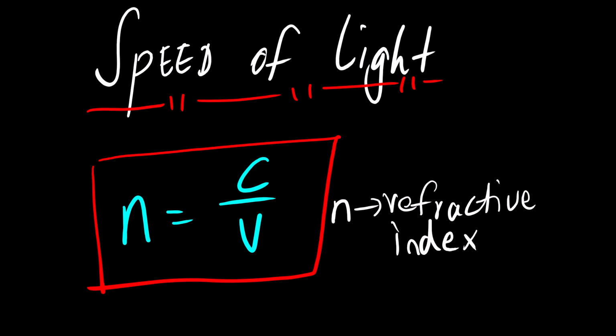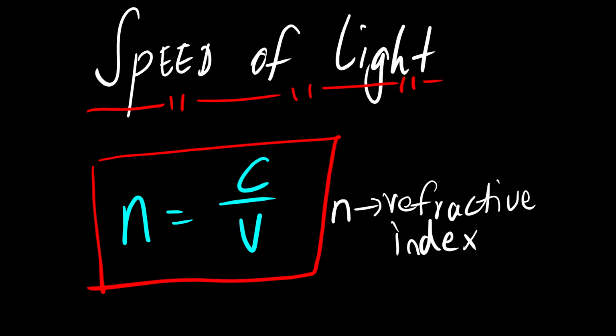Now, in order for us to calculate the refractive index of a certain material, we need the speed of light inside that material. We also need the speed of light in vacuum. In most cases, the speed of light in vacuum is a constant value, the maximum value being 3 times 10 to the power 8 meters per second.